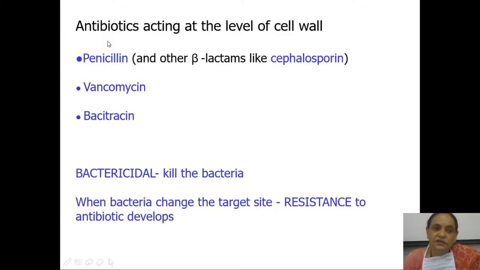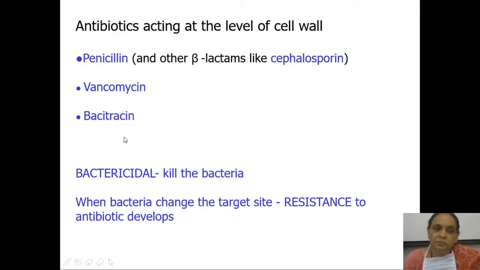But if you see, most of them act on the gram-positive bacteria, and that's why I said peptidoglycan is a major component of a gram-positive cell. For a gram-negative, we would need something at higher levels. These are some of the basic antibiotics.